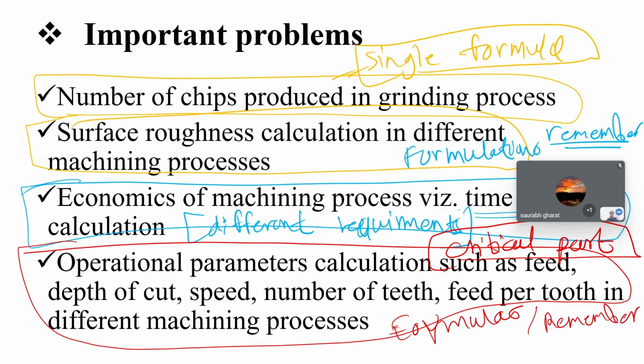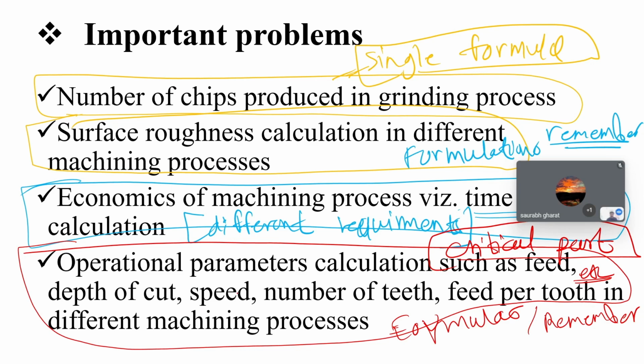So operational parameters using calculations such as this: feed, depth of cut, speed, number of teeth, feed per tooth in the different machining processes. There are many others, not only these. For this part, we must consider formulas. So it is a very critical part.